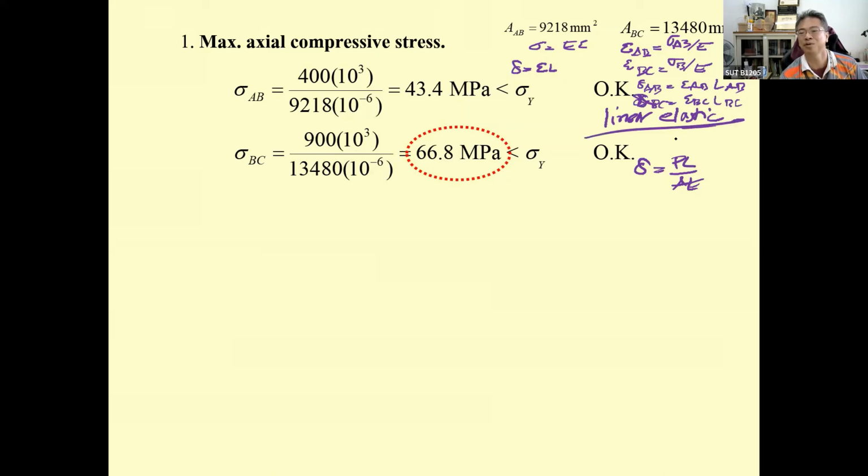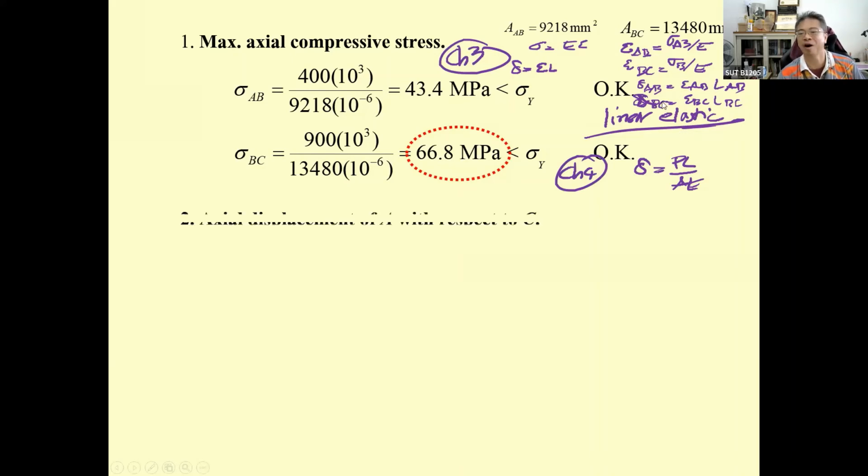So it's up to you. You may use this one for chapter 3 and this one for chapter 4 since they are linear elastic behavior. It depends on you, but it's more convenient if you use this equation.